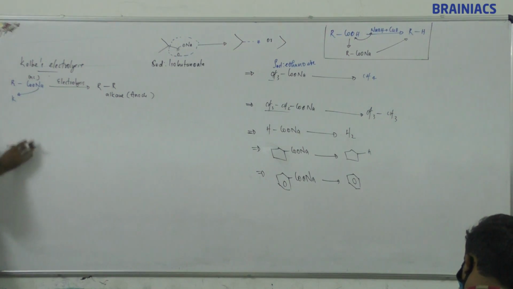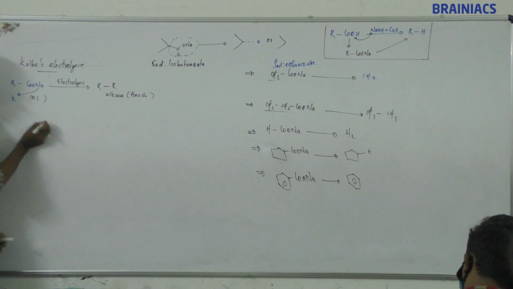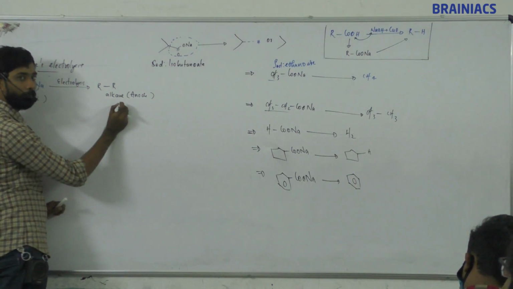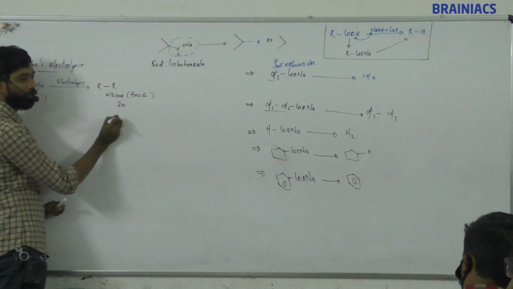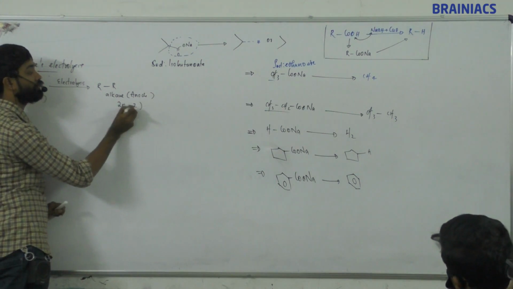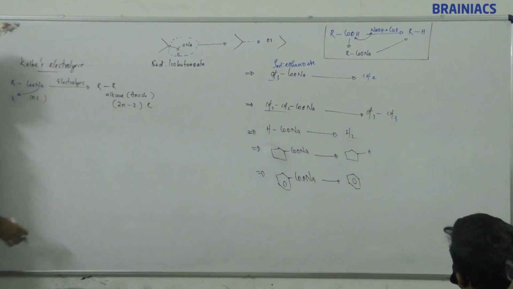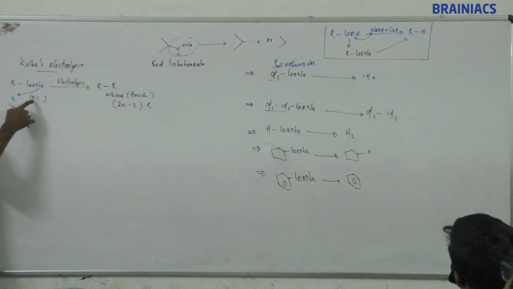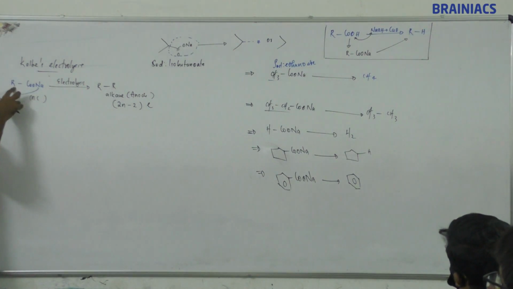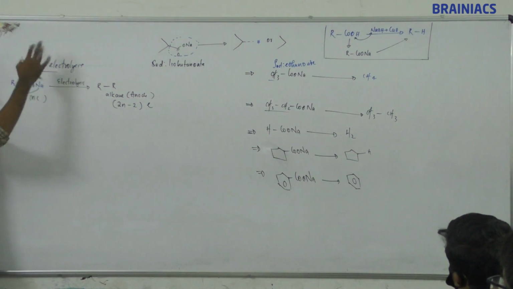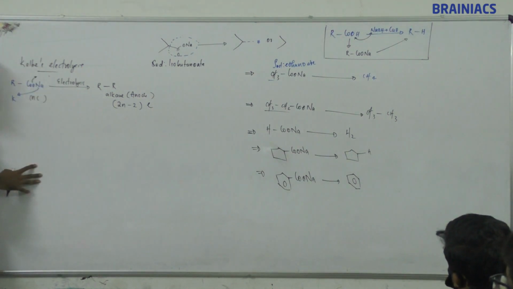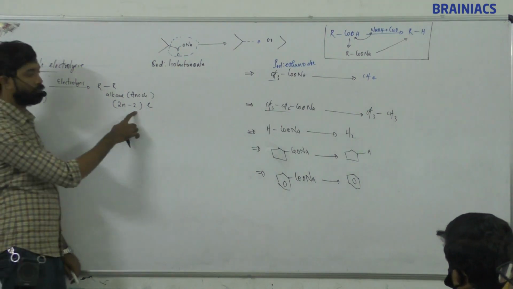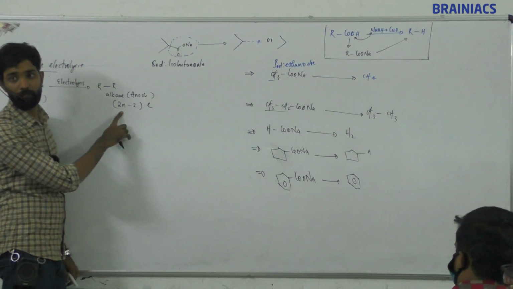What is the specialty? An n carbon molecule becomes not 2n but 2n minus 2 carbon. What do I mean by n carbon? Carbon from R plus C, but two carbons are decarboxylated, so the product is always two carbons lesser than double.